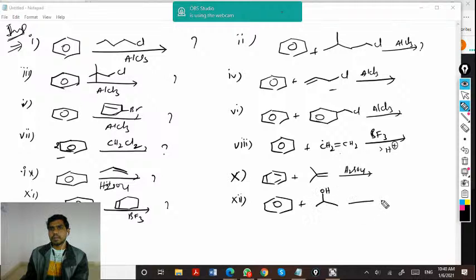So this is isopropanol. When it is treated with H plus, it is going to attack, resulting again in the carbocation. So all are Friedel-Crafts type reactions only.